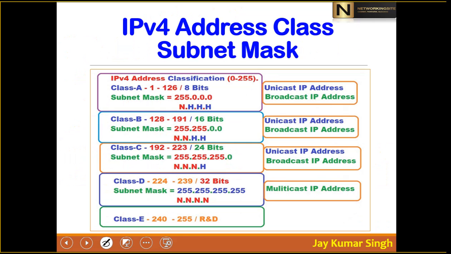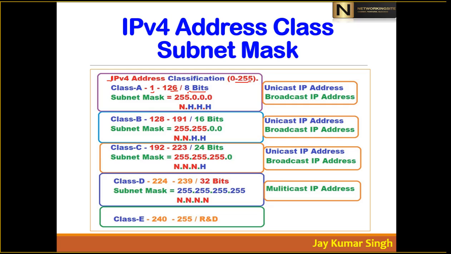Now, IPv4 address class and subnet mask. Now when we talk about IPv4 address, total address is 0 to 255. In that, class A is using from 1 to 126, and 8 bit is given to class A, right?